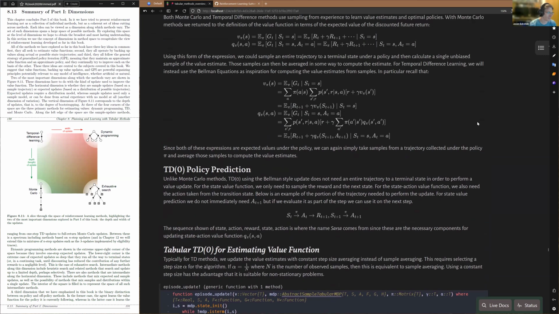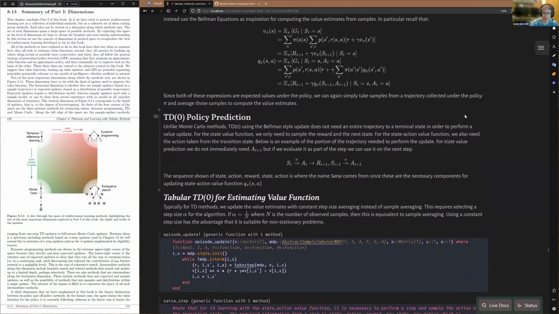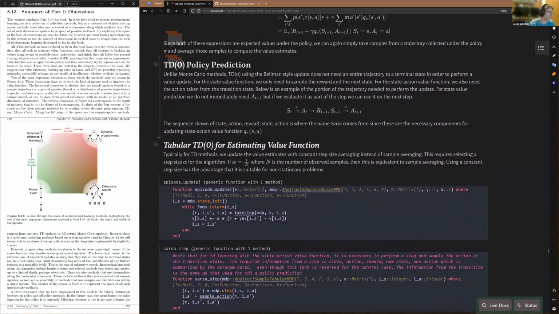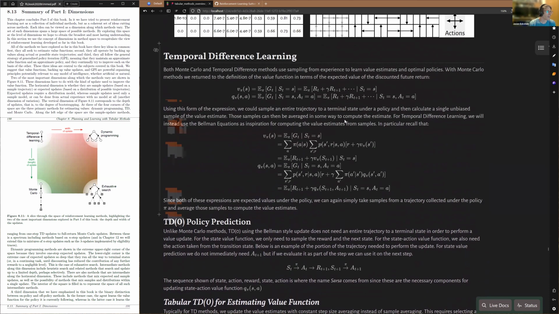But the final important piece from part 1 is this idea of temporal difference learning. Both temporal difference learning and Monte Carlo learning use samples. In the case of Monte Carlo learning, we had these samples of the rewards, and that came from the definition of the value function.